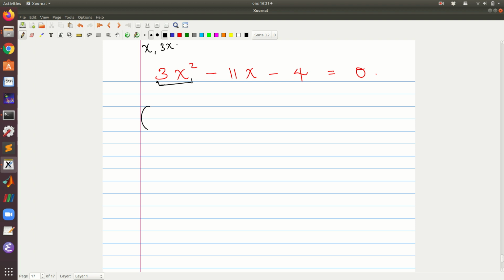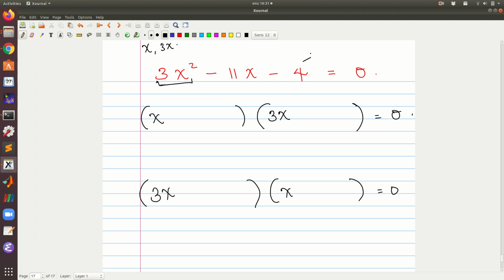So we have a situation where I have x and 3x. Perhaps someone could say we have 3x and x. I'm not so sure whether it makes a difference. Maybe it does, maybe it does not, but we shall just try and error.